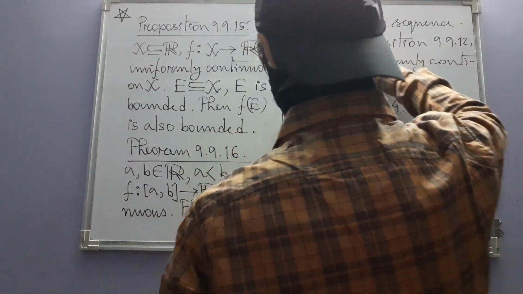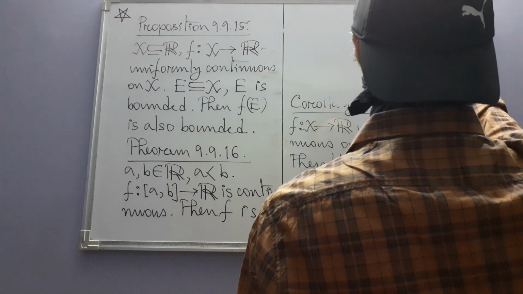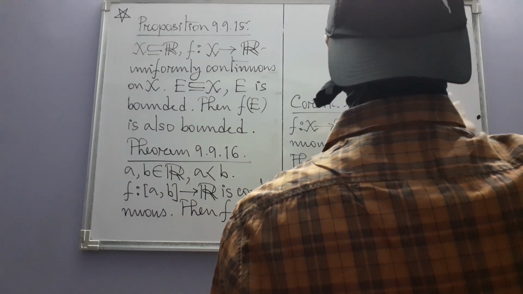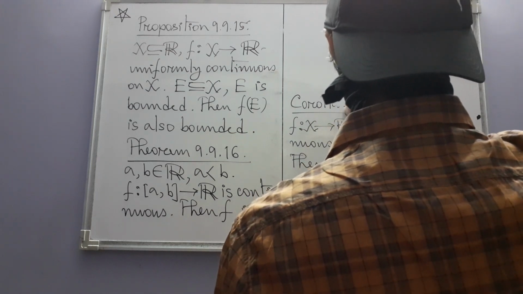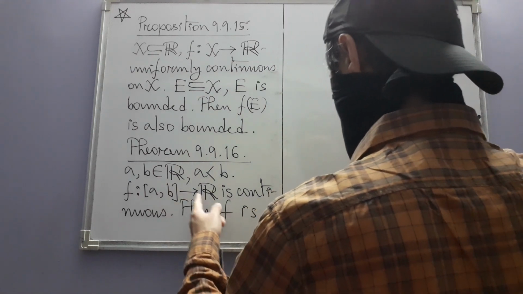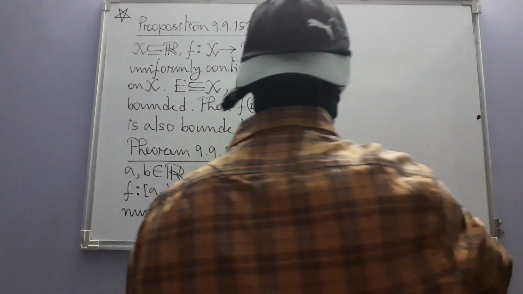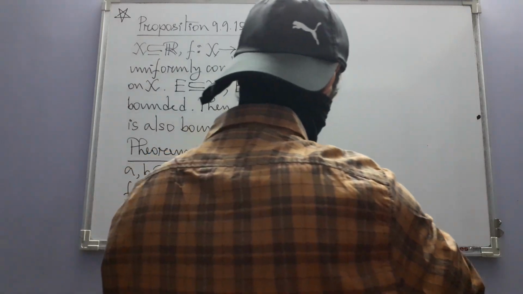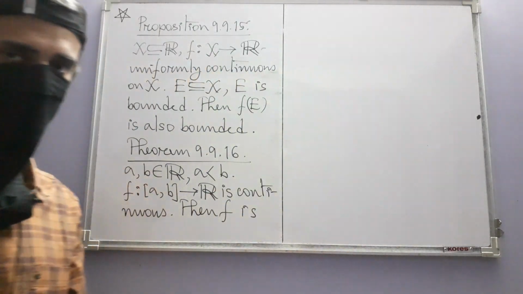But if we change the interval, then of course we know that the conclusion is no longer necessary. For example, if you take the reciprocal function on open interval 0, 1, it is continuous there but not uniformly continuous.